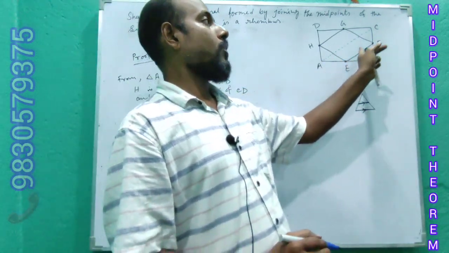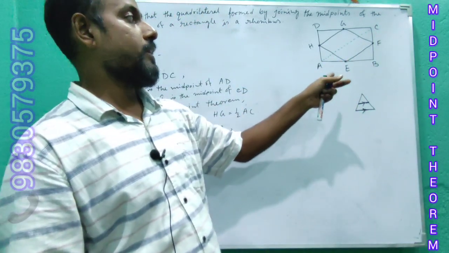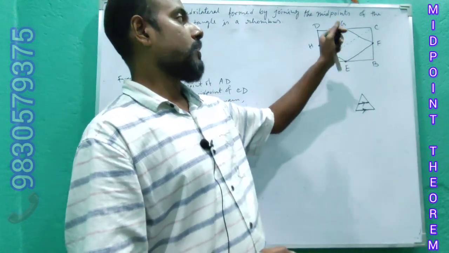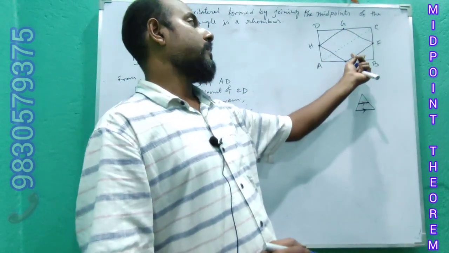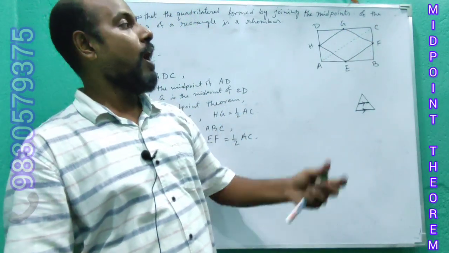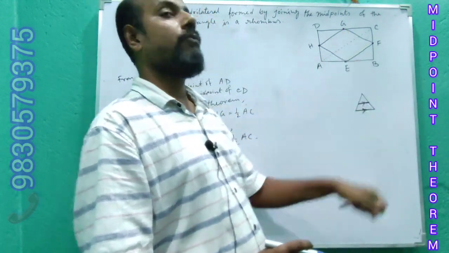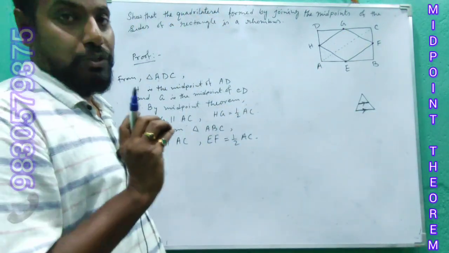So the line joining the midpoints of two sides will be parallel to the third side, that is AC, and is equal to half of AC. EF equal to half of AC by midpoint theorem.